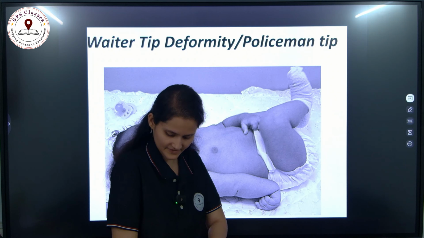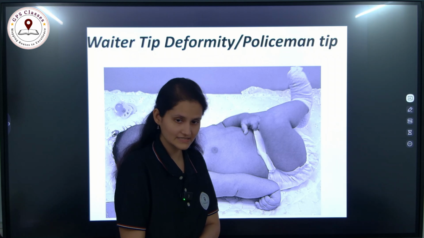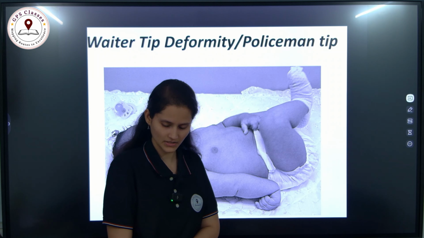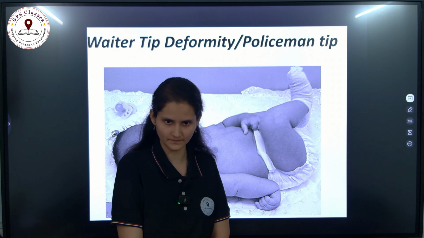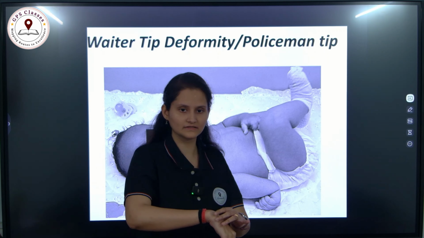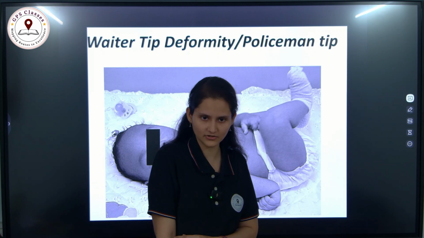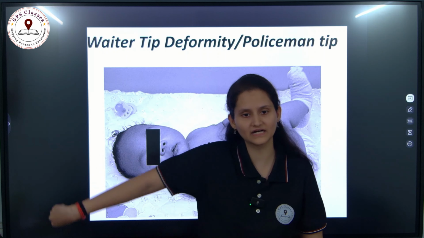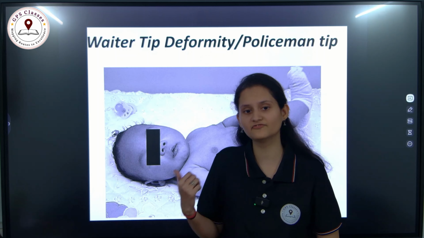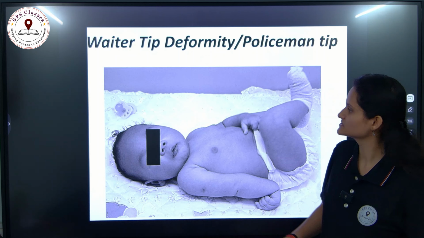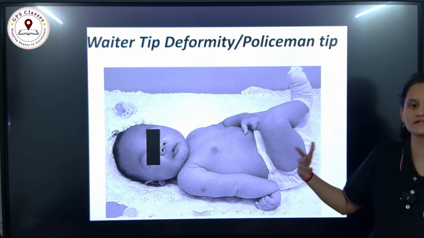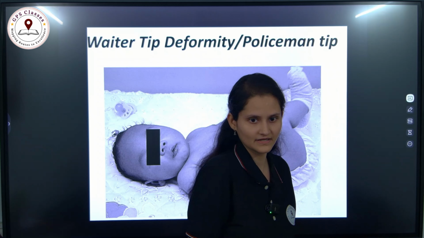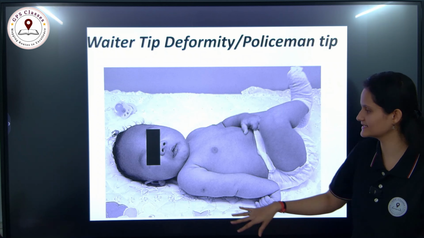The arm is adducted, the forearm is in pronation, and the arm is medially rotated. The person will not be able to abduct the arm, and flexion is also not possible. This is why it is called waiter's tip deformity, as if the policeman or the waiter is taking a tip. Here it has got its name.